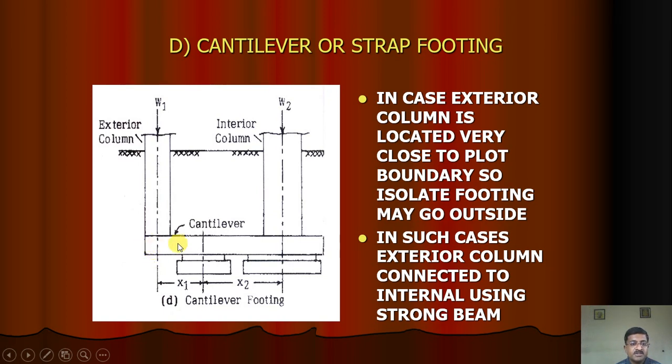So instead, this cantilever strip is provided, and the load which is coming on this exterior column is transferred to the internal column, and this is also a supportive base. So we are avoiding the offset of this column entering the neighbor's boundary.